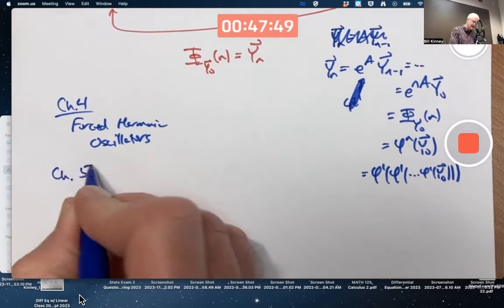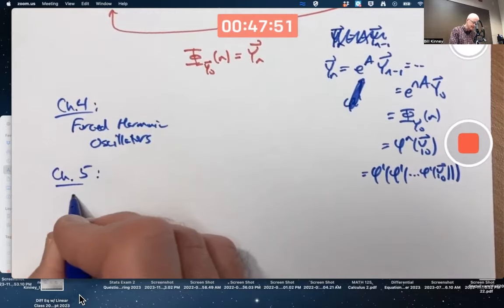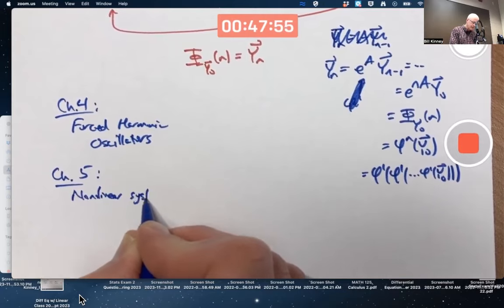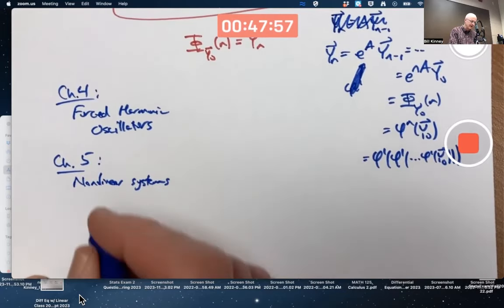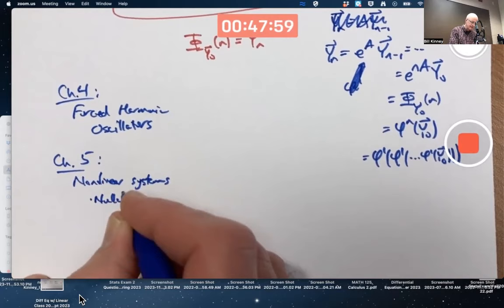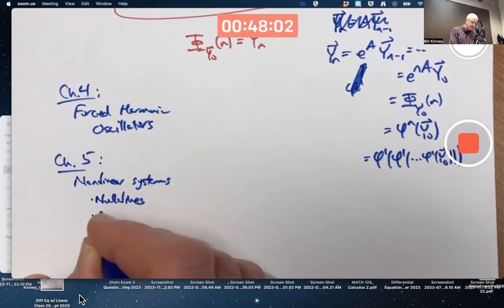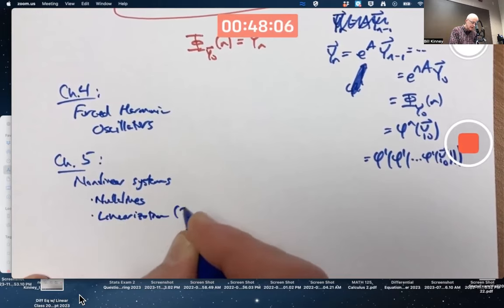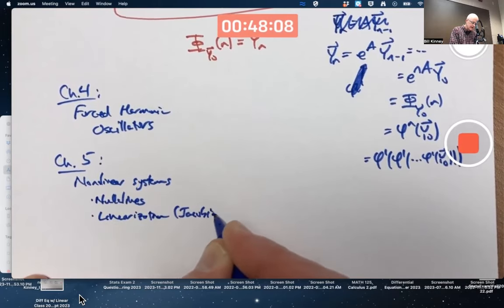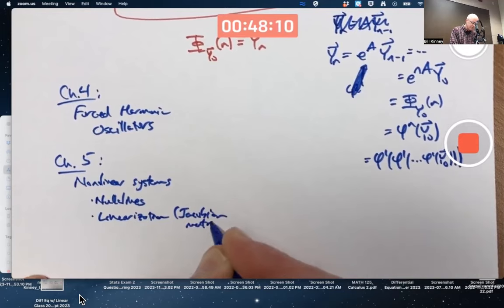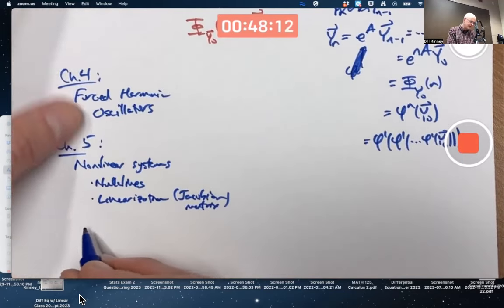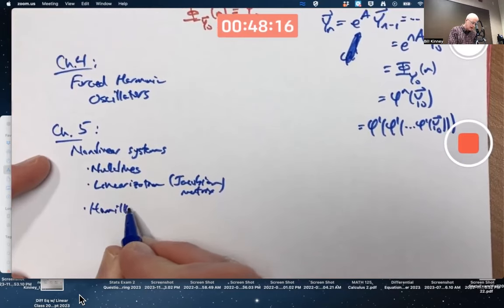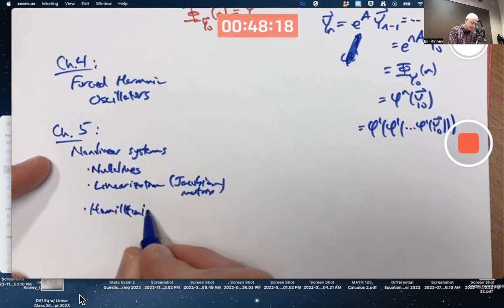Chapter 5, we got into nonlinear systems more fully, talking about nullclines. We introduced nullclines much earlier than this. Linearization with the Jacobian matrix. Then special kinds of systems, Hamiltonian and gradient systems.